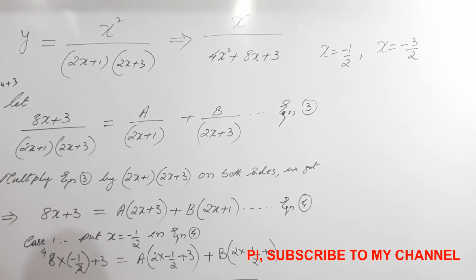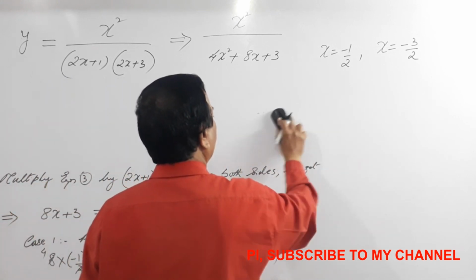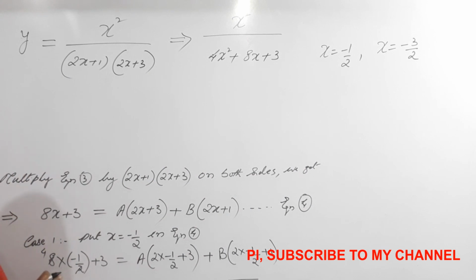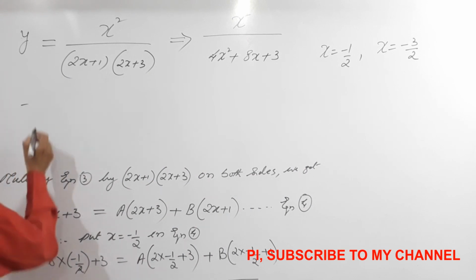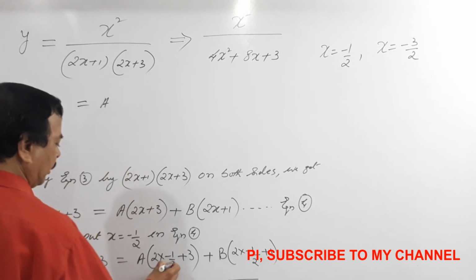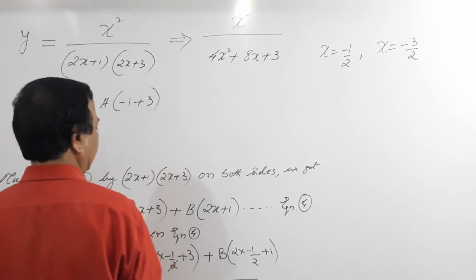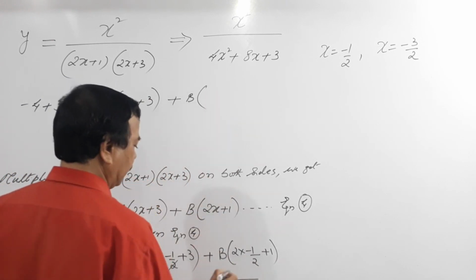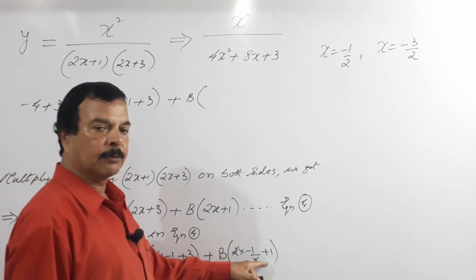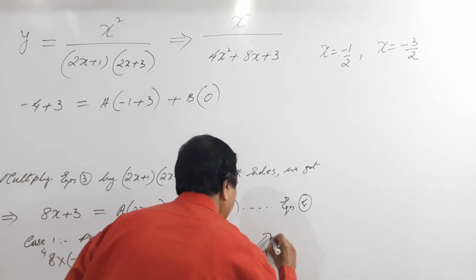So what I'll do? I'll rub this. So on the left hand side it is minus 4 plus 3 equals, on the right hand side, a into 2 cancels, here minus 1 plus 3, plus b into this 2 cancels, minus 1 plus 1 is 0, so this becomes 0, the entire thing becomes 0.